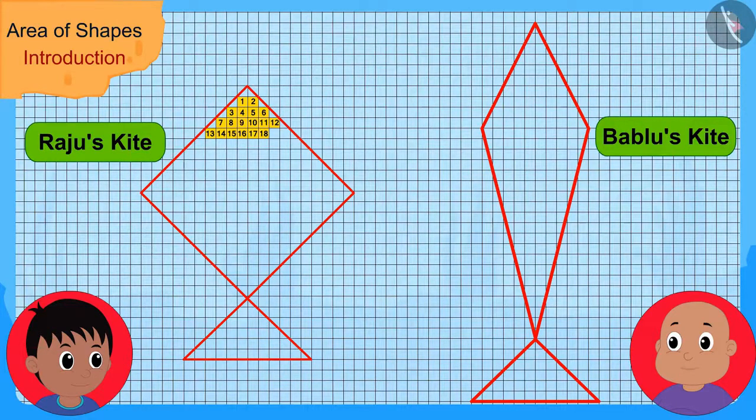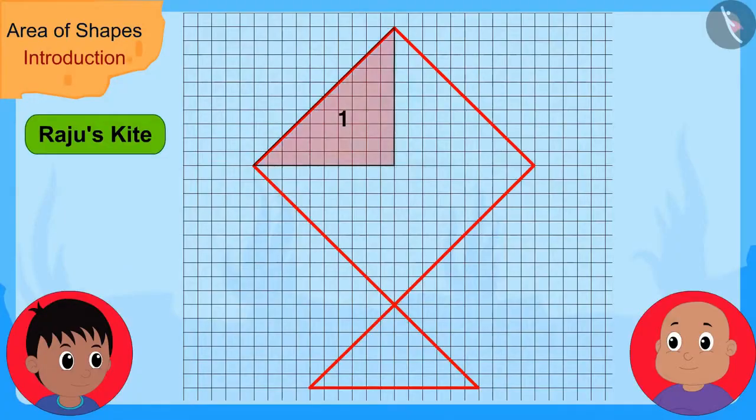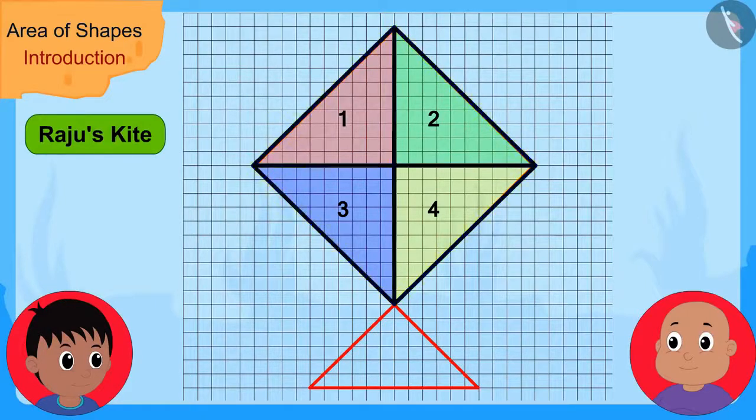Hey Raju, wait. I have an easy process to find the area of shapes. I will show you. Bablu said to Raju. Bablu first made a triangle in this way, inside the outline of Raju's kite.